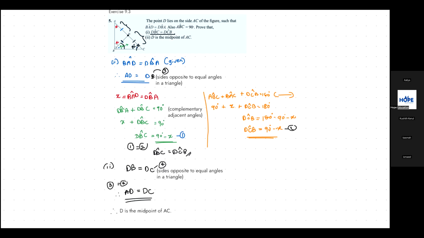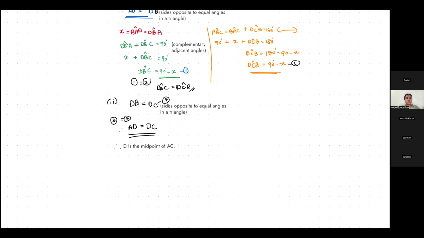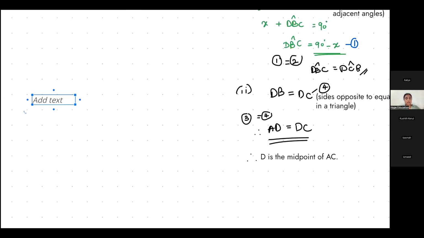Okay, Lamai. Now, can you all mark the homework? In exercise 9.3, what we did was the 5th one, right? Can you do 8, 9, 10? Exercise 9.3, 8, 9, 10. This is the homework.